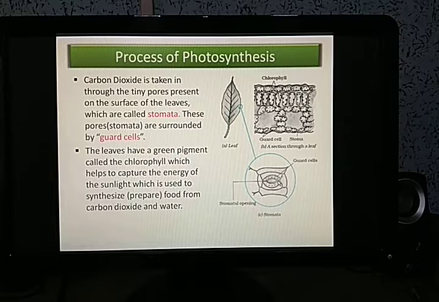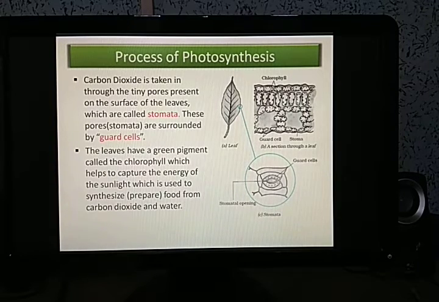Because whenever carbon dioxide is required for making food through the process of photosynthesis, these guard cells open up, and whenever it is not required, they close. And generally you can find the stomata on the lower side of the leaf, not on the upper side. So now you know the function of guard cells.